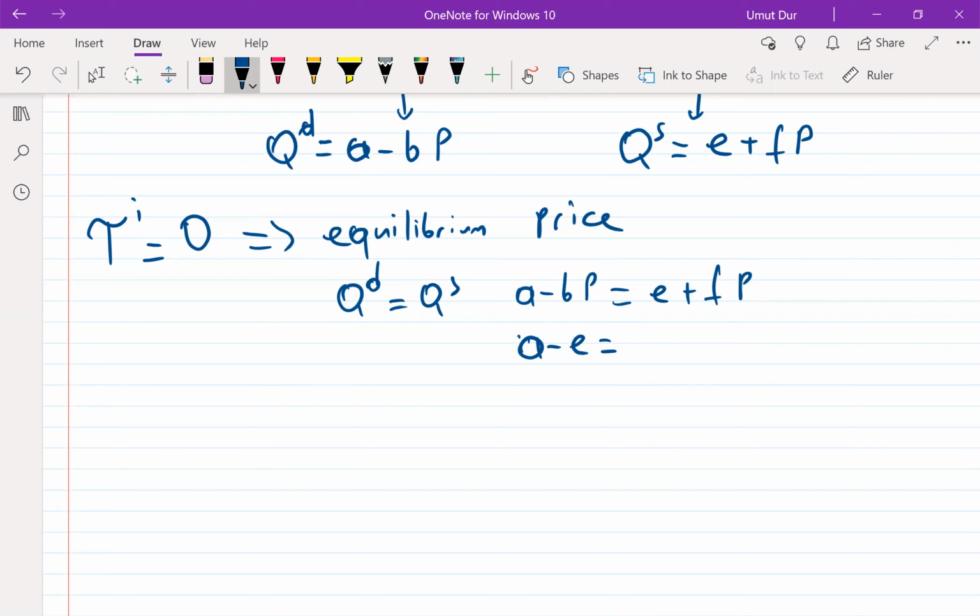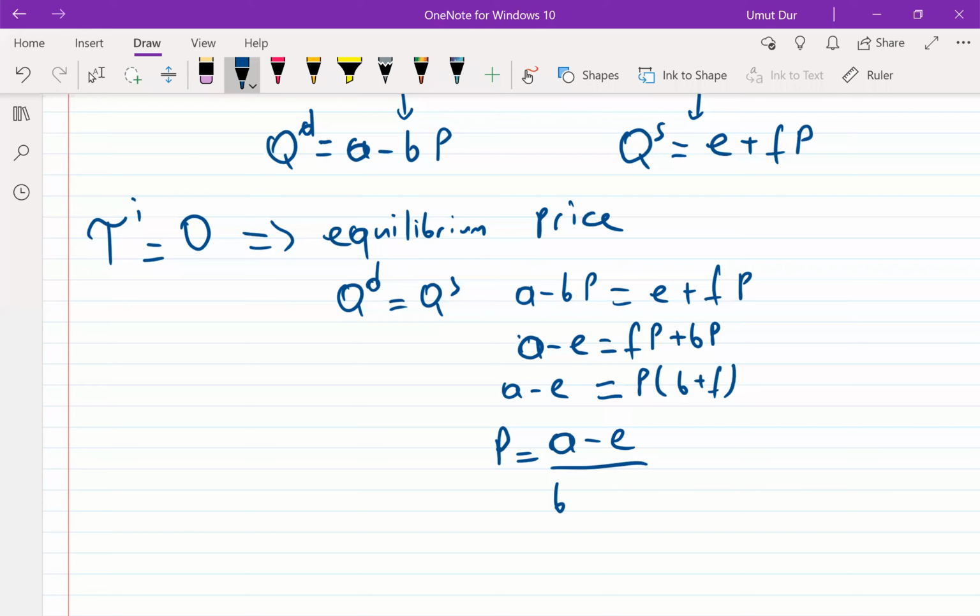A minus E is equal to FP plus BP, which is B plus F times P. Then the equilibrium price without tax is A minus E divided by B plus F. Let's say this is P I, the equilibrium price without tax.